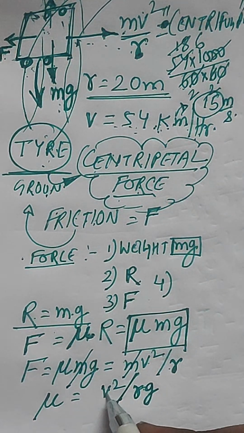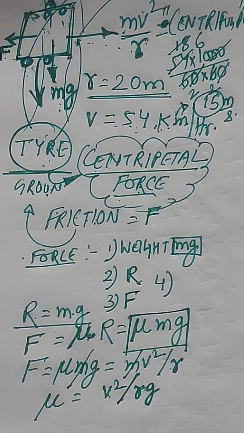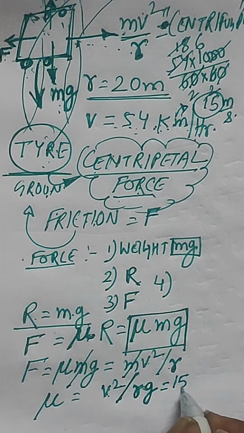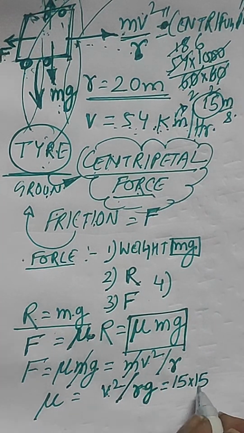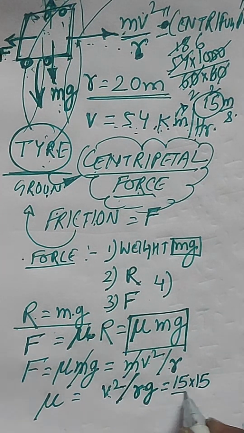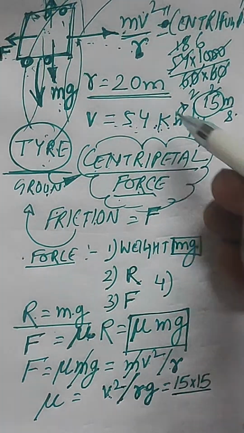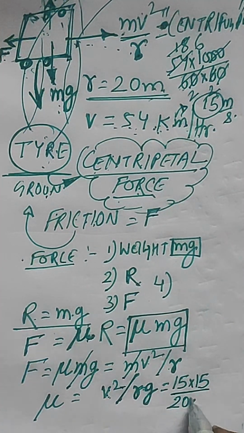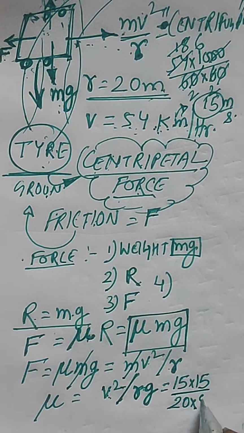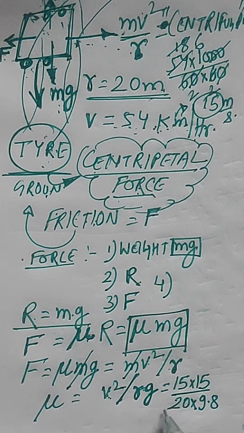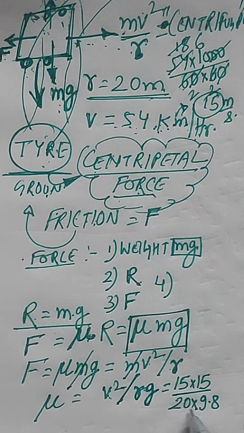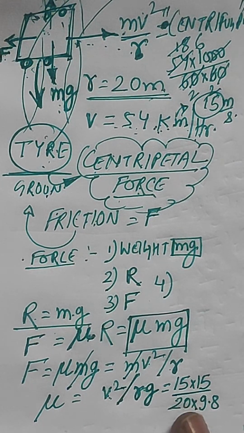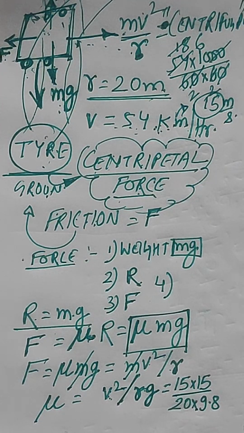So just over here you use the 15 meter per second, right? So the coefficient of friction will be 15 into 15, because velocity is squared, divided by r. What is the value of r? This is 20 meter. 20 into the value of g, that is 9.8. Just solve this to get the coefficient of friction, the minimum coefficient of friction which stops the car from slipping, right?